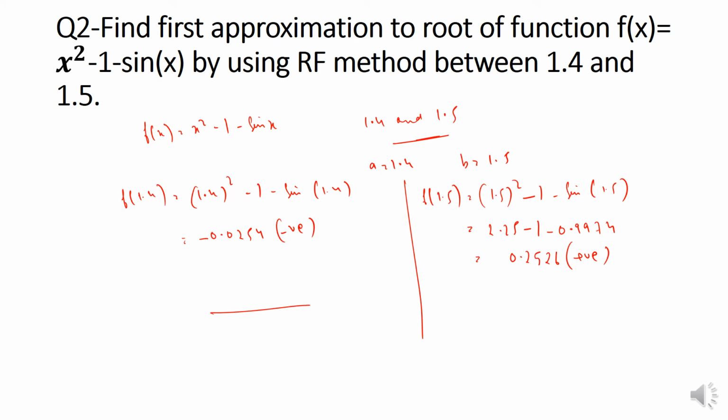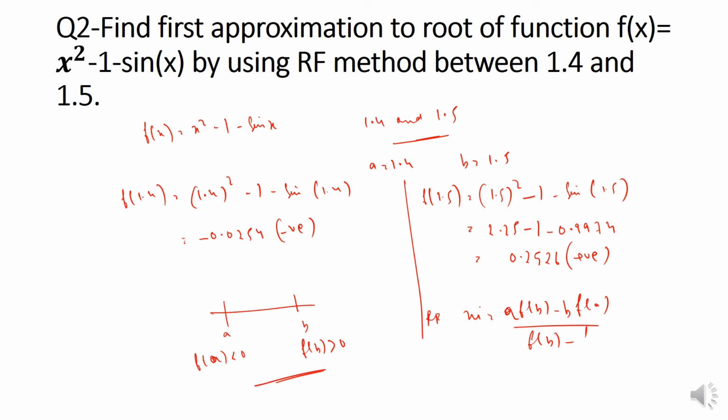So as we were discussing, we have a and b, f of a is negative and f of b is positive. Now I can use regula falsi, where xi is equal to (a into f of b minus b into f of a) by (f of b minus f of a). Now let us see the answer.